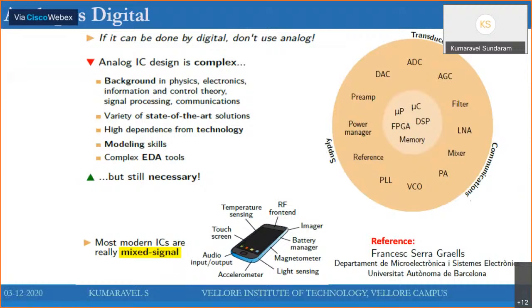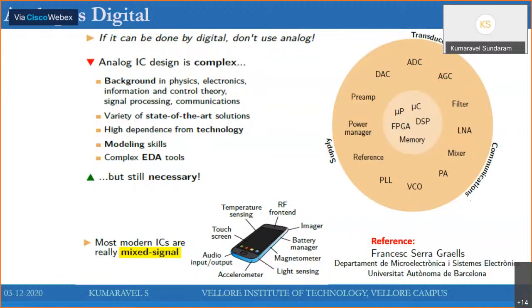There are n number of analog blocks required to realize a system, and if those analog blocks can be done by digital, then we need not use analog. So we shall see whether these blocks can be realized in digital. Digital to analog converter, we can't realize completely digitally.